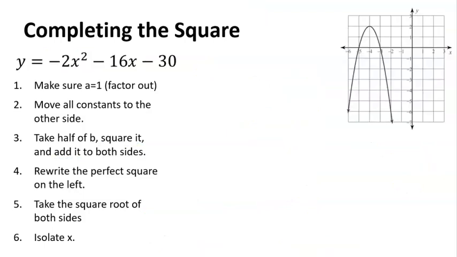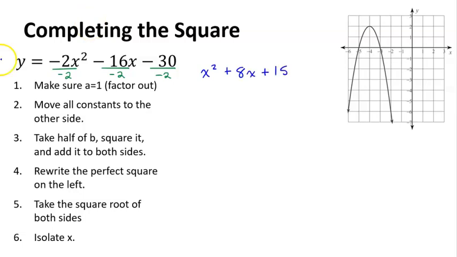Let's try another example. So our first step was to make sure that a is equal to 1. And we notice that a is equal to -2 here. So all you're going to do is just divide everything by -2. And I end up with x squared plus 8x and then plus 15.